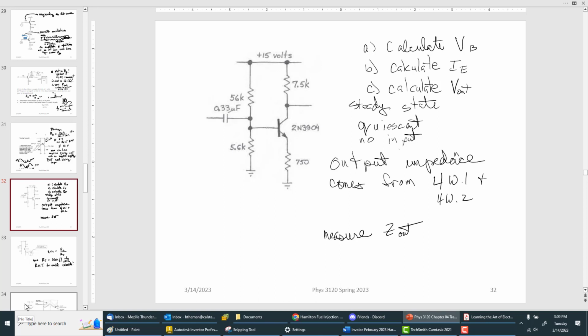And then it asks what's the Z out? And if you did those notes I asked you, you can actually calculate both the input and output impedance. So I want to see you make a try at that, and of course, measure it.